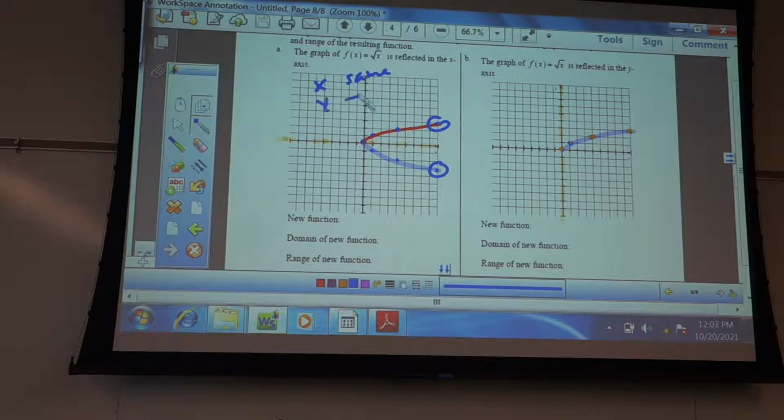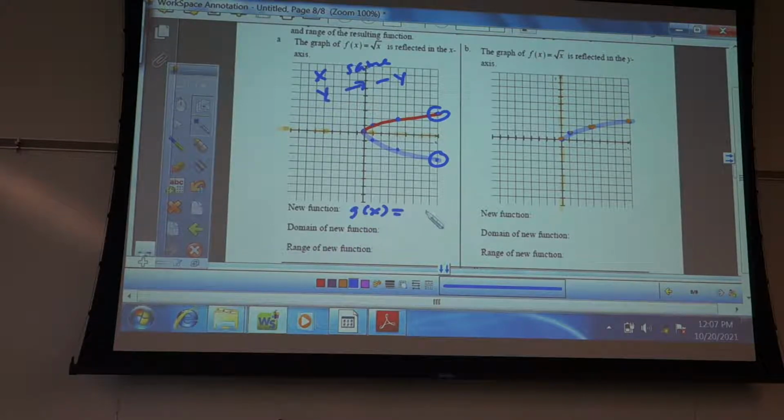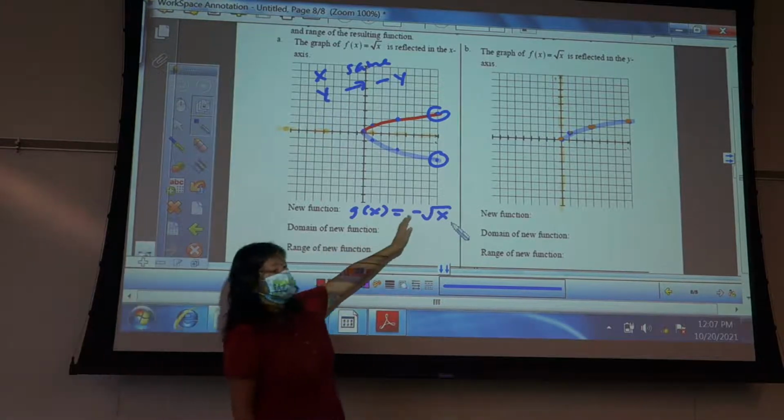Y becomes negative y. Everybody with me on that one, right? So that means that the whole function becomes opposite in sign. So my g of x becomes negative square root of x. The whole thing becomes negative.